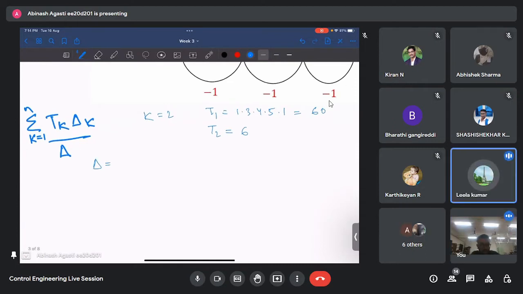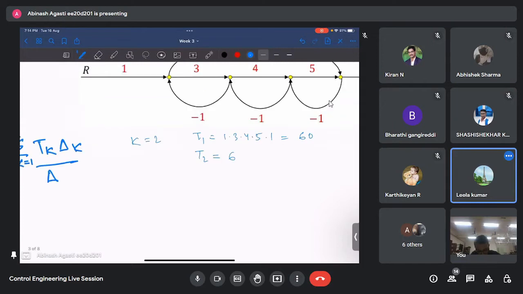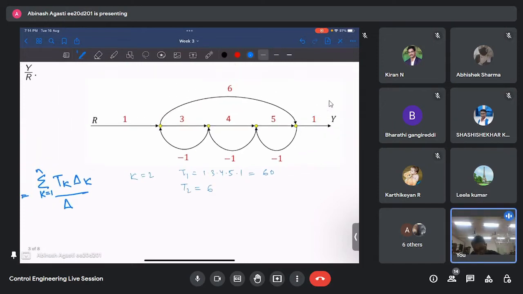Before that, tell me how T1 is calculated. Ti are basically the forward gain of the forward path. So we saw that this is one forward path and this is another forward path. So for the first forward path, we just calculate the gain 1 into 3 into 4 into 5 into 1, which is 60. Is that clear? Okay, understood. Yeah.